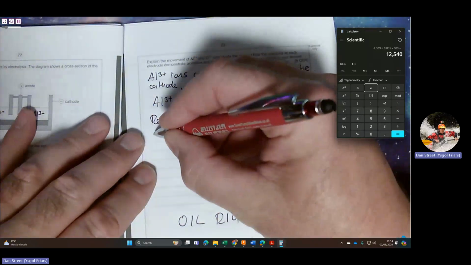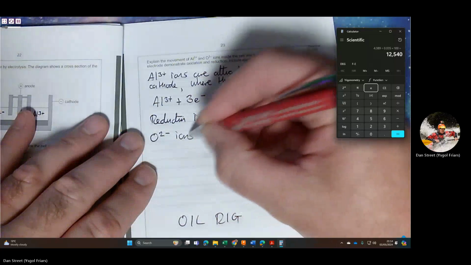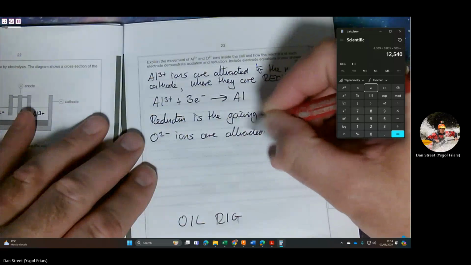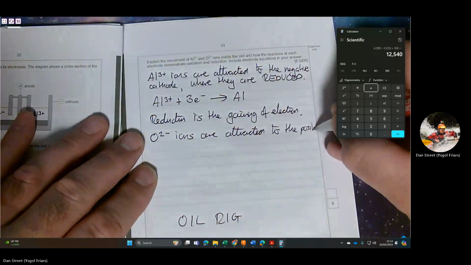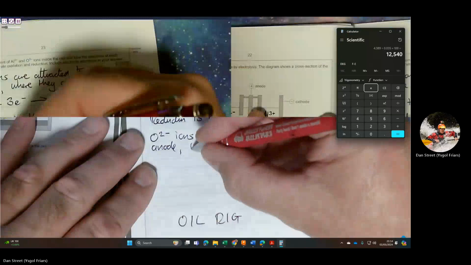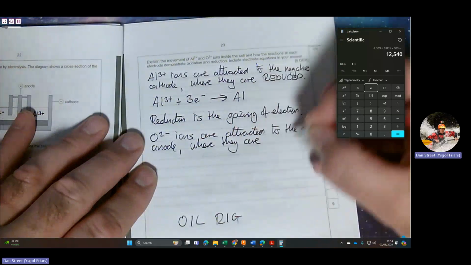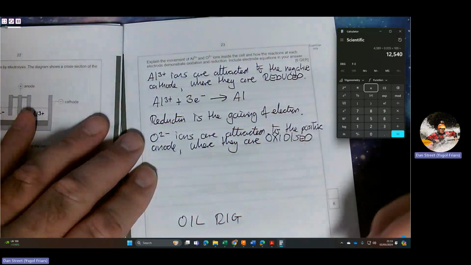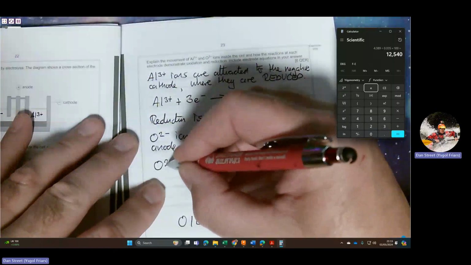And then conversely, the O2- ions are attracted to the positive anode, where they are oxidized. To illustrate that, oxidation is loss of electrons.